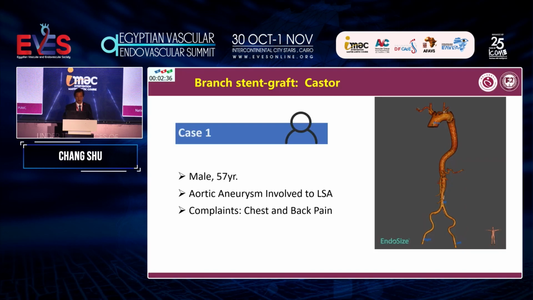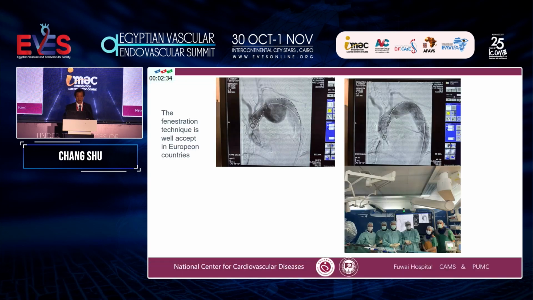In fact, we have done this procedure in different countries in recent months, including Italy and Germany. That's a combination of in situ and on-table fenestration to rebuild the left carotid and left subclavian.